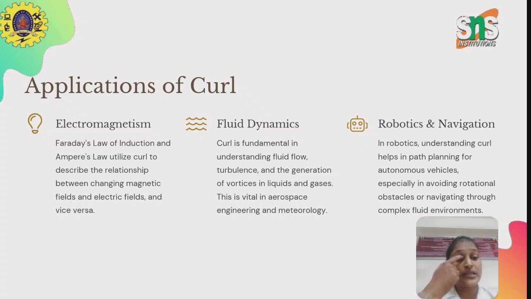So this is a vital concept in aerospace engineering and also heavily used in meteorology. And in robotics and navigation also, this curl understanding helps in path planning for autonomous vehicles, especially in avoiding rotational obstacles or navigating through complex fluid environments, etc.